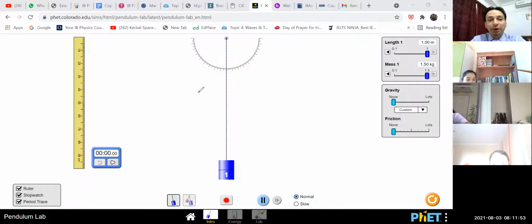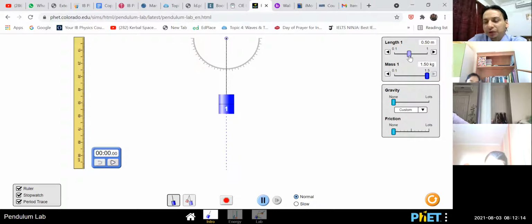Now let me begin here. Children, on this slide, you can find on the right side of my screen at the top some options in which I can change the length of the pendulum string.